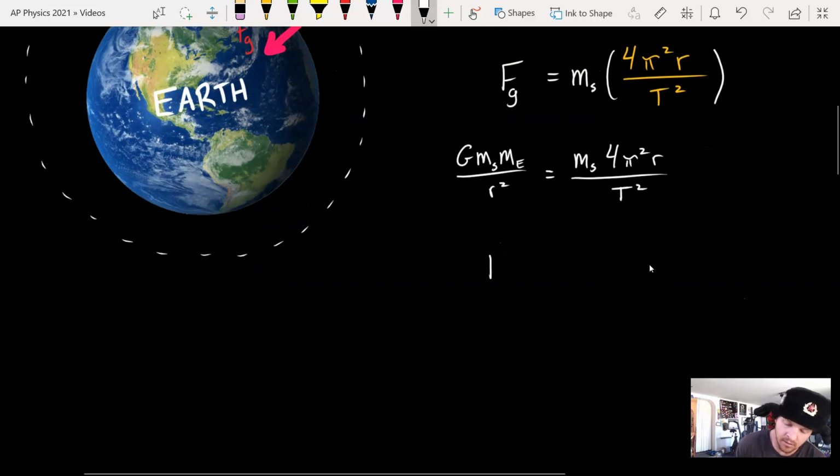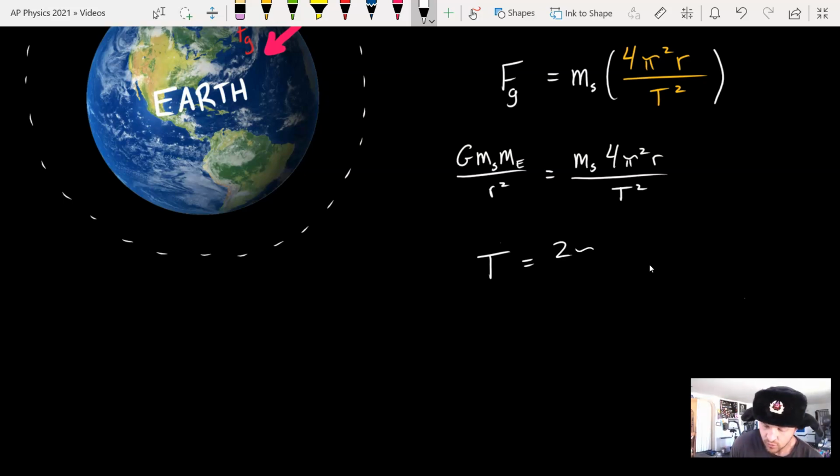the period of the orbit is equal to 2 pi times the distance between them to the power of 3 over 2, all divided by the square root of G times the mass of the planet.